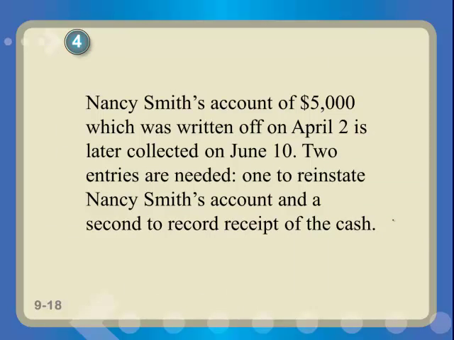Okay, another example. Nancy Smith's account, $5,000, which was written off in April, is later collected June 10th. So we have to do 2 entries here. We have to reinstate her account, and then we have to book the receipt of cash.